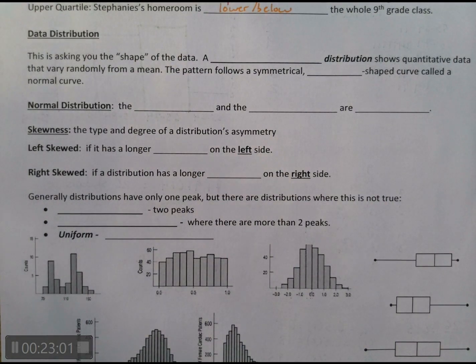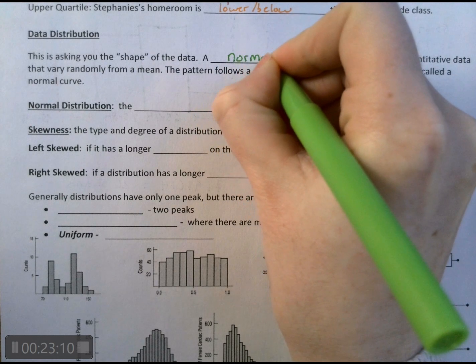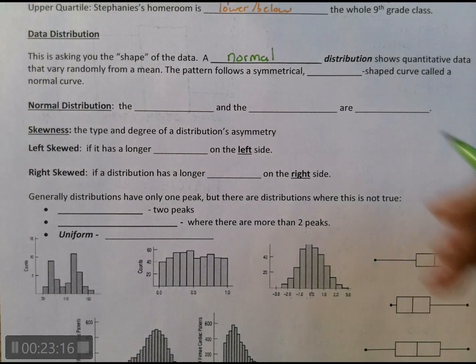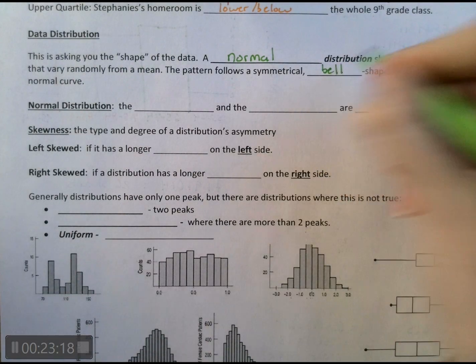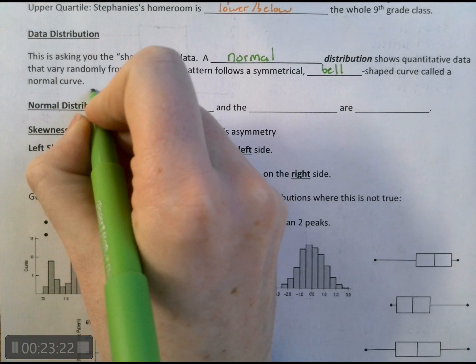Okay. So, a normal distribution shows quantitative data that vary randomly from the mean, and the pattern follows a symmetrical bell-shaped curve called a normal curve, and it looks something like this.